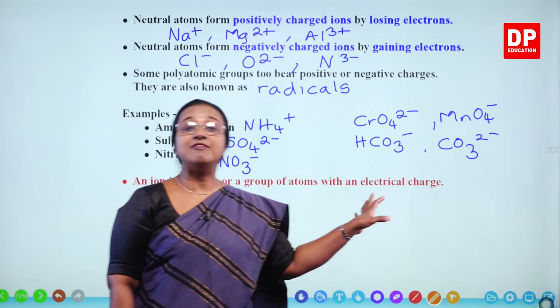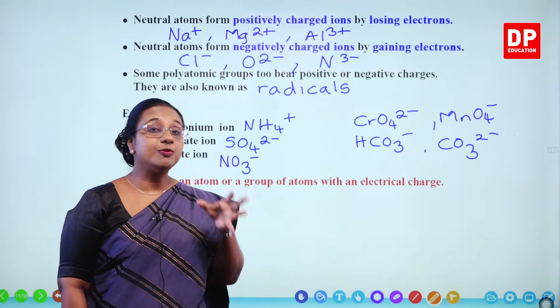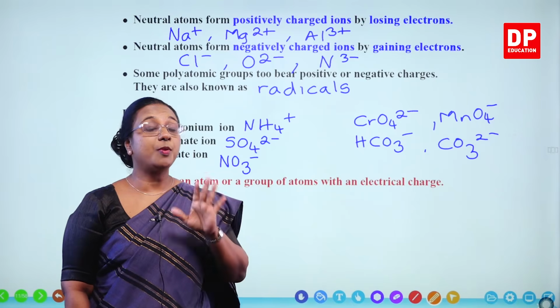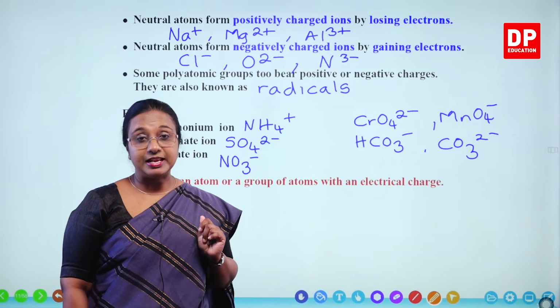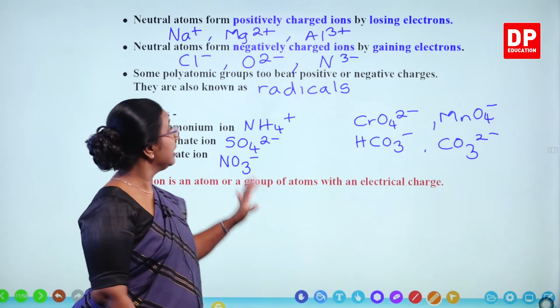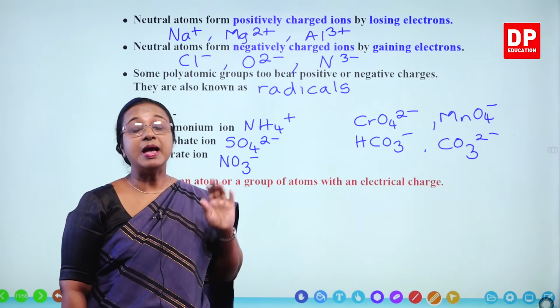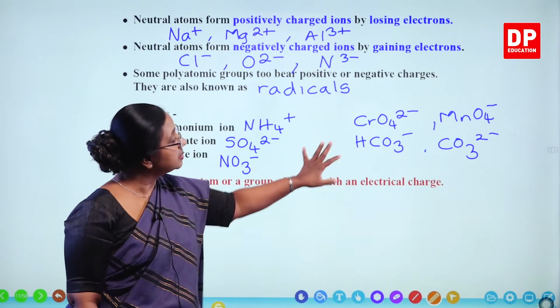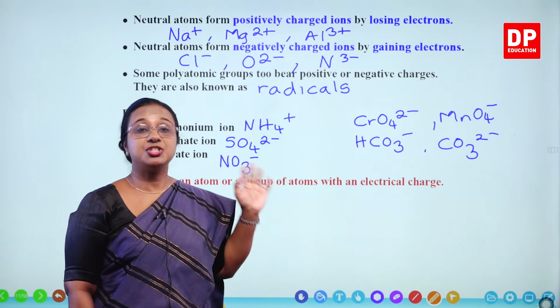Like this, you all have learned some molecules having charges which are called polyatomic ions or radicals. So not only the ions formed from atoms, even these polyatomic ions have charges.